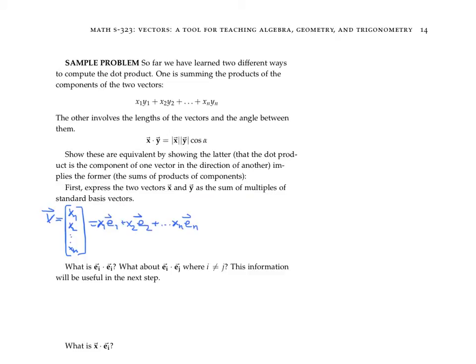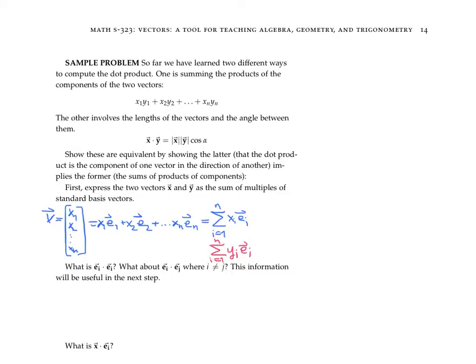I'm even going to write that more succinctly using sigma notation, because every single one of these terms is the ith component of x times the ith standard basis vector, and we start at i equals 1 and we go up to i equals n. You can write y similarly, just like this. So that's our first observation.